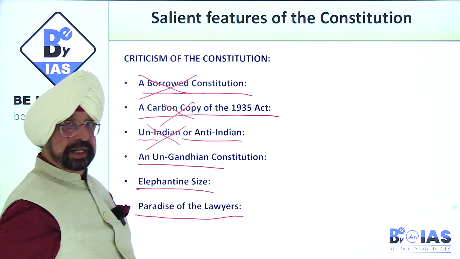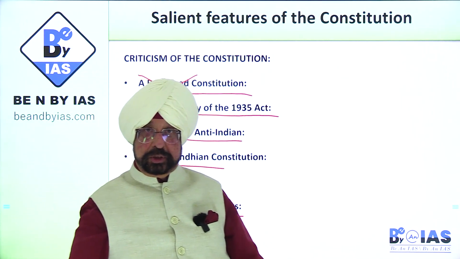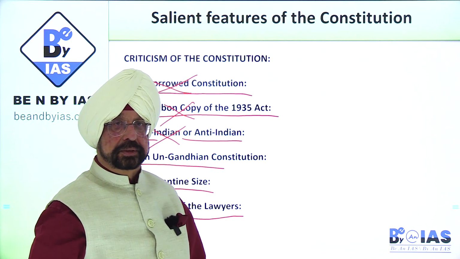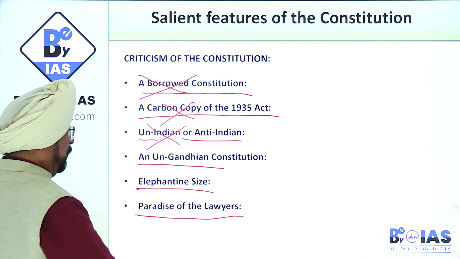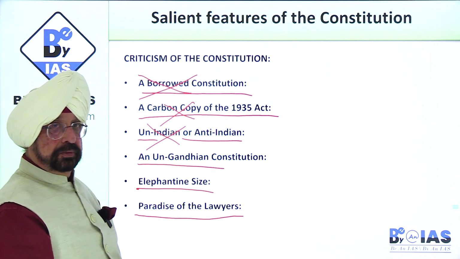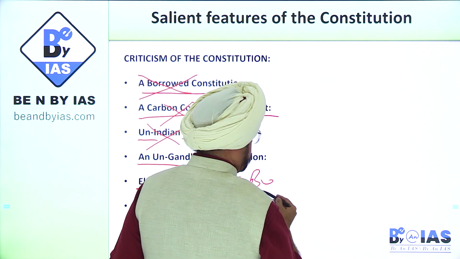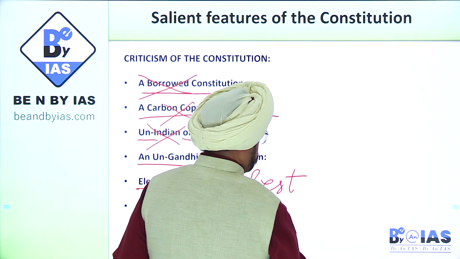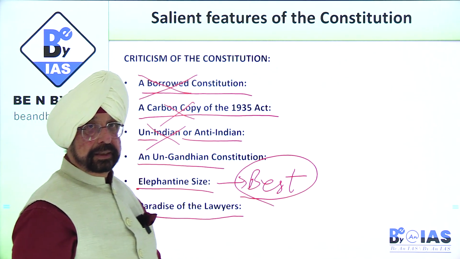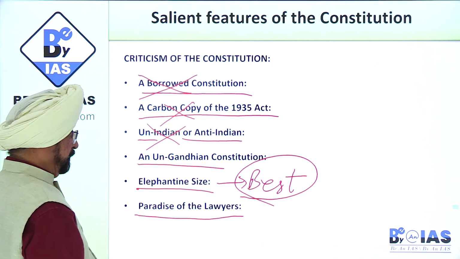It is not un-Indian. Why? Because, as I said, we have taken the features from other constitutions, but we have adapted them to our own Indian conditions, a customized one. Its size is big, and we can't help it because we wanted to have the best of the features. If we have to incorporate them, the length has to be big.